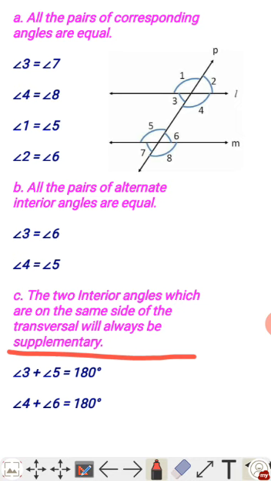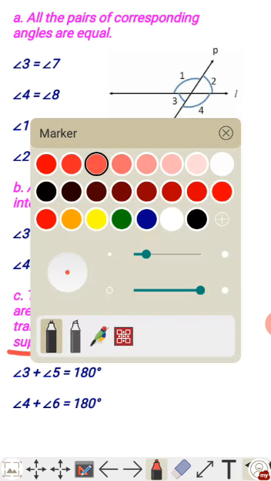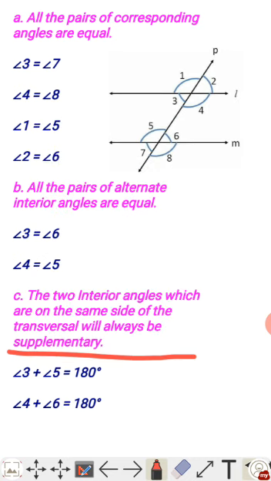So here we will find the pairs of interior angles which are on the same side. So angle 3 plus angle 5 will be supplementary for this parallel line transversal, and angle 4 plus angle 6 will be supplementary for the parallel lines which are cut by the transversal.